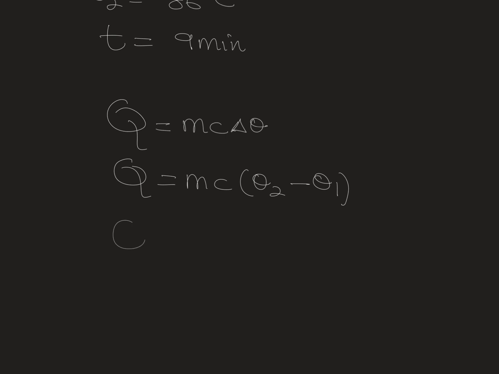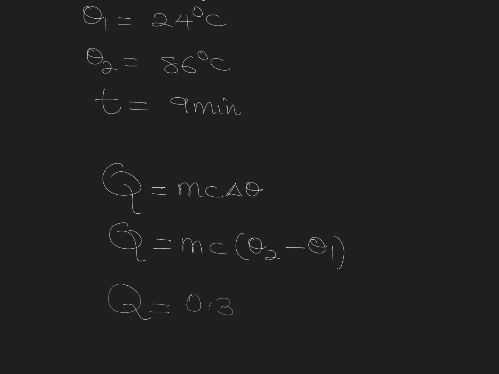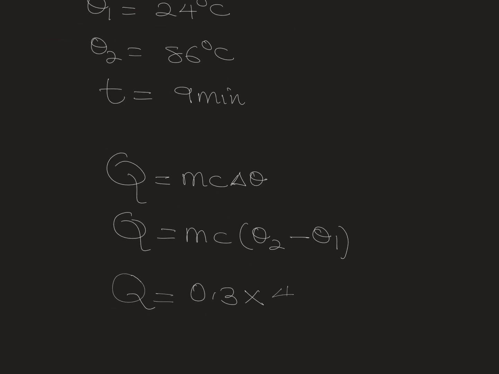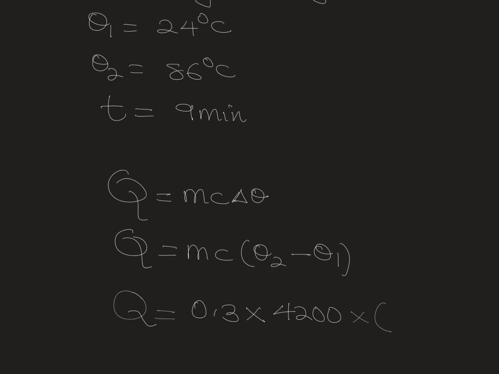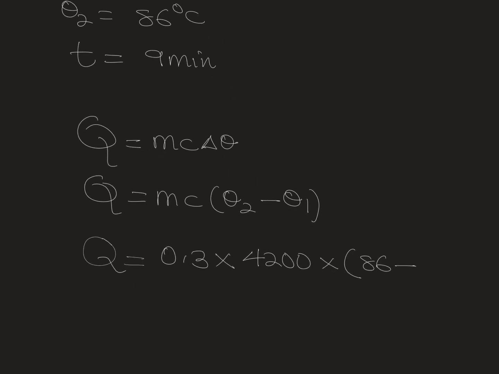So going by that, Q is equal to, the mass is 0.3 kilograms times the specific heat capacity is 4,200 times the final temperature is 86 degrees Celsius minus the initial temperature is 24 degrees Celsius.